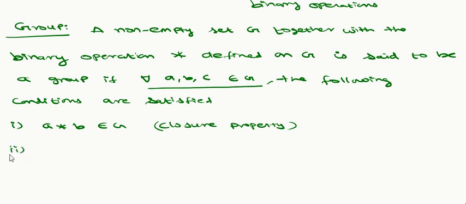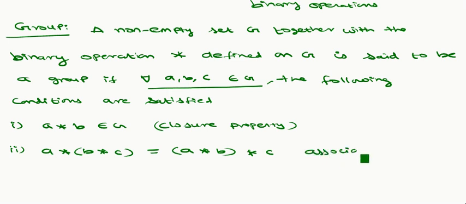The second property: A star B star C is equal to A star B star C, grouped either way. This is satisfied for every A, B, C in G. This property we call the associative property.